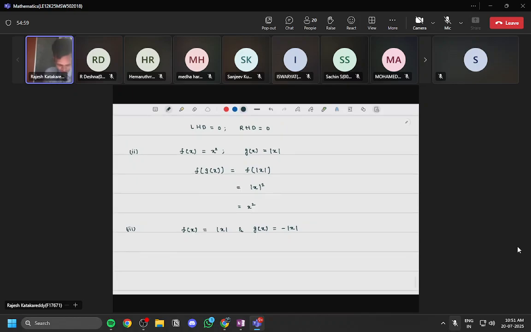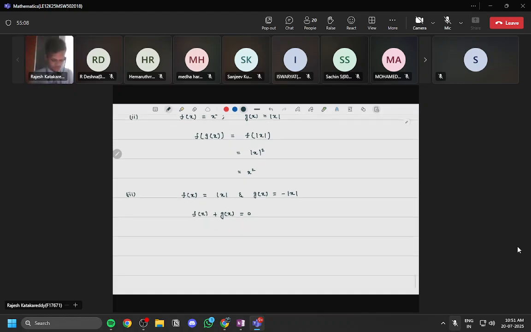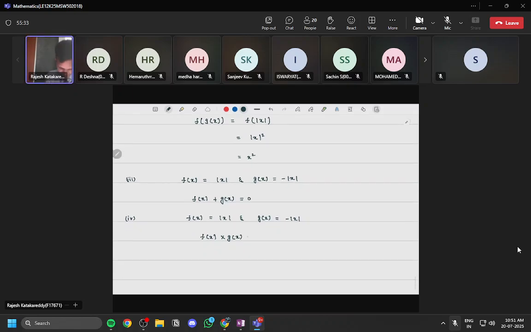If I am adding them, I am having 0. If I am multiplying them, what are we having?